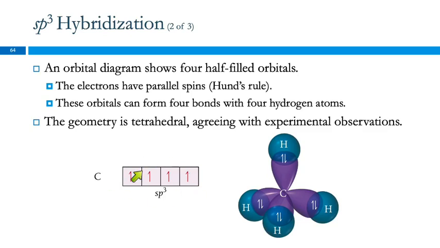So when we look at the orbital diagram here for the hybridized orbitals, we've got 4 sp3 orbitals. Before, it looked like this, where we had S and 3 Ps. This is S and this is P. These are the atomic orbitals.